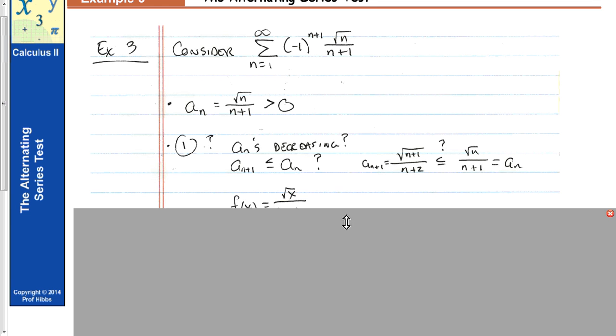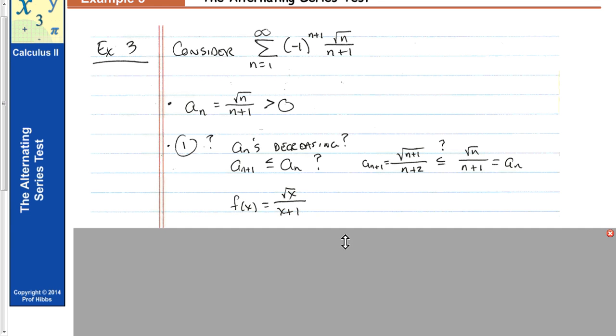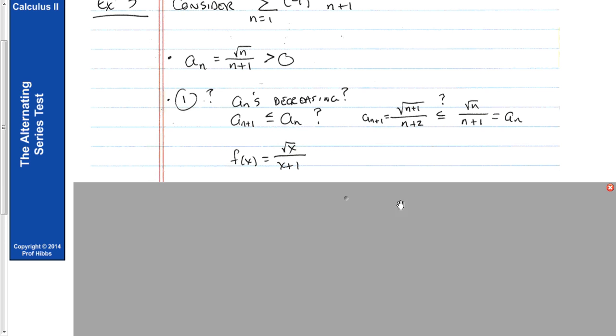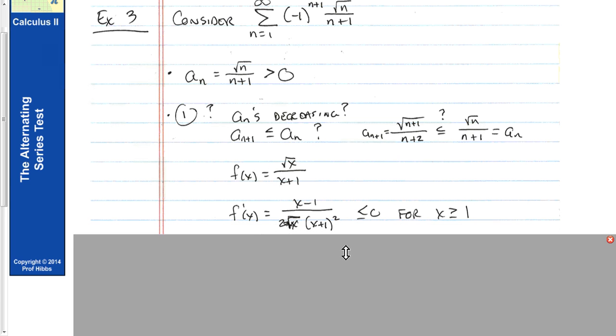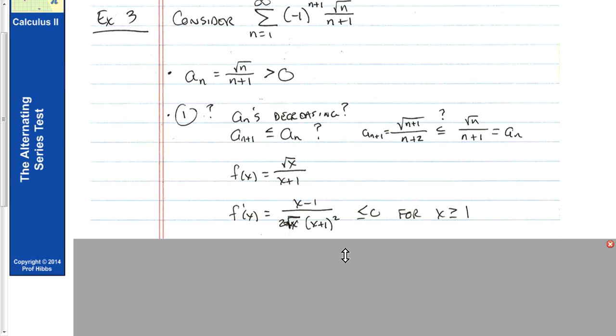So we're kind of stuck with doing the same thing we did in the last example. Let's consider the function f of x equals the square root of x over x plus 1, and let's determine whether it's decreasing or increasing. The way we do that, we know a function is decreasing whenever its derivative is negative.